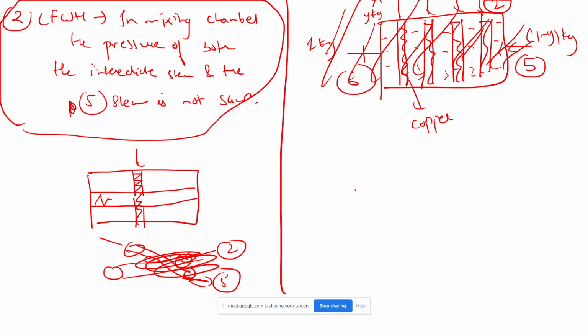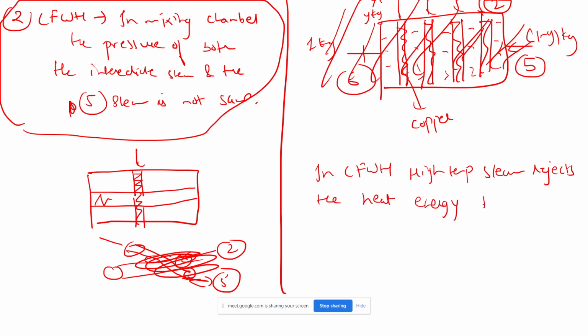In the closed feed water heater, high temperature steam rejects the heat energy to the feed water, that is condition 5, without mixing between the streams.